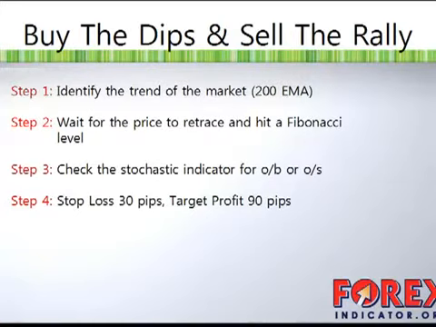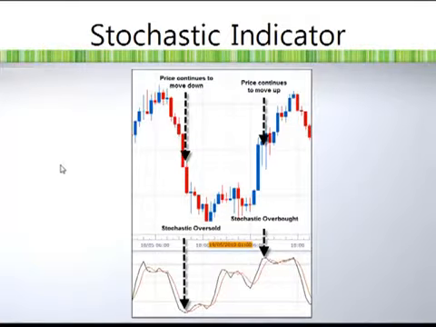What do I mean by overbought or oversold? Let's take a look here. The stochastic indicator comes with a 20 and 80 line. Anything lower than the 20 level is a sign of oversold. Anything higher than 80 is a sign of overbought.